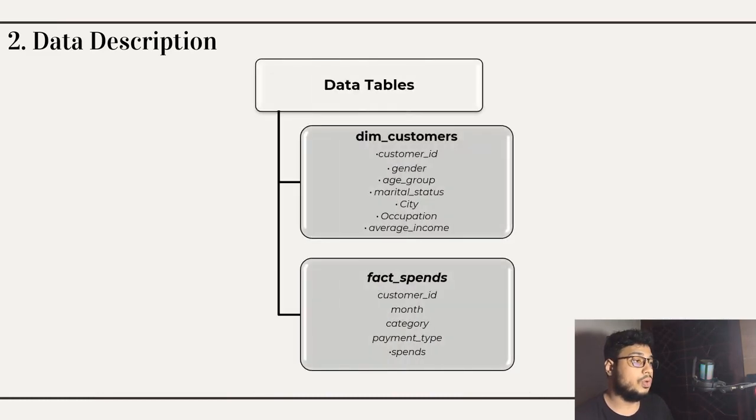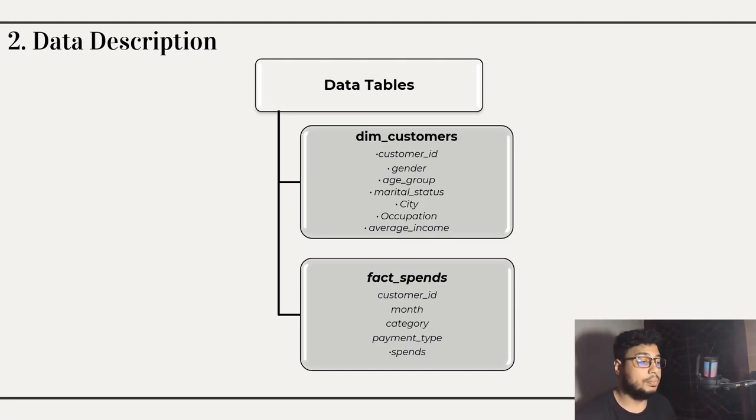For the data info, we were given 2 data tables. The first data table is dim customers, a dimension table, and it has a customer ID which shows unique customers, gender, male or female, different age groups, marital status, whether the customer is married or single, occupation, and average income of the customers. We also have a fact table called fact spends, and in that fact table we have the customer IDs again.